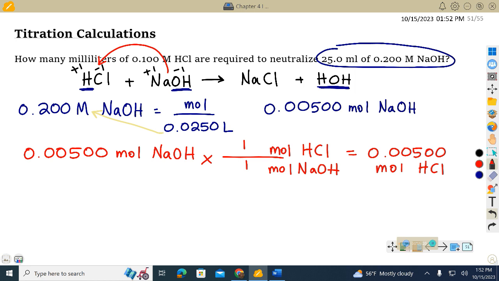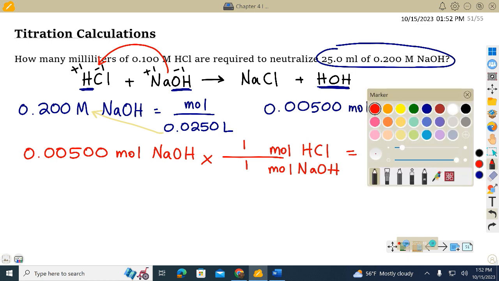But it's good to just throw it on paper here so I know kind of where I'm going with this. It wouldn't have to be a 1-to-1 ratio. Now, it's probably not going to be anything super crazy. Maybe it's 1-to-2, 1-to-3. And so often I could figure out moles of the other solution just by inspection. Maybe I don't have to write this red step, but I have to start with moles of one reactant and then use the ratio of the balanced equation to get moles of the other.